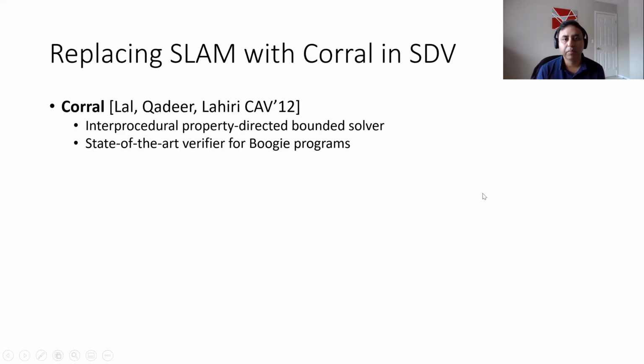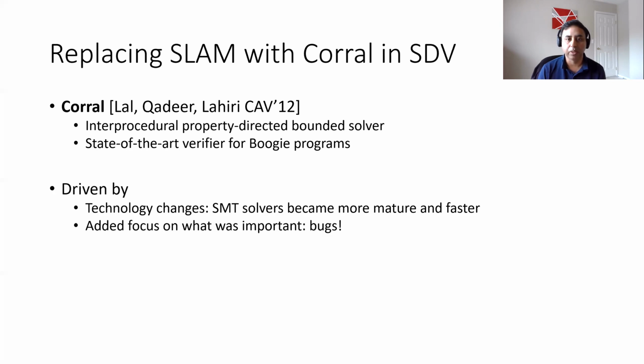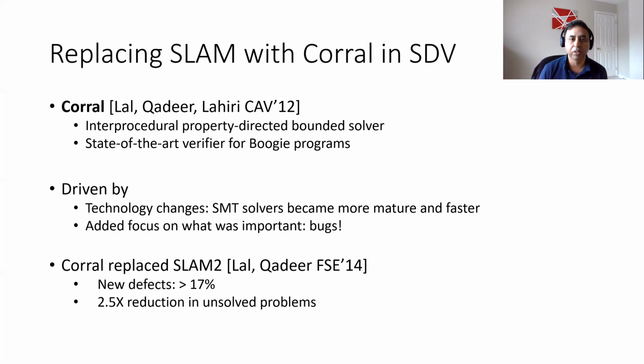So after SLAM, there's been progression in SDV. One of the big changes came when the tool Corral, which is a property-directed bounded model checker, was used to replace the SLAM model checker.